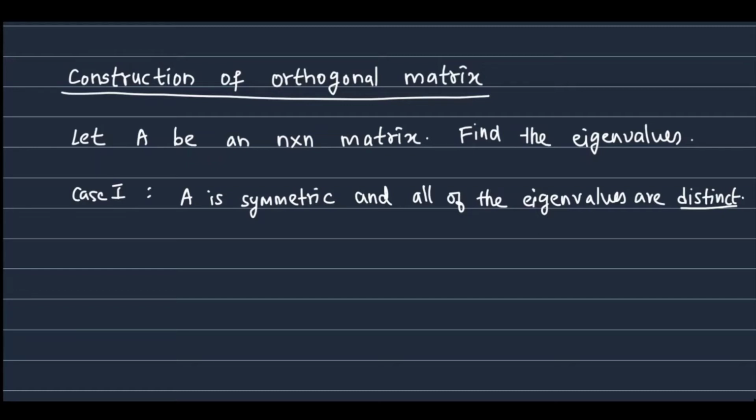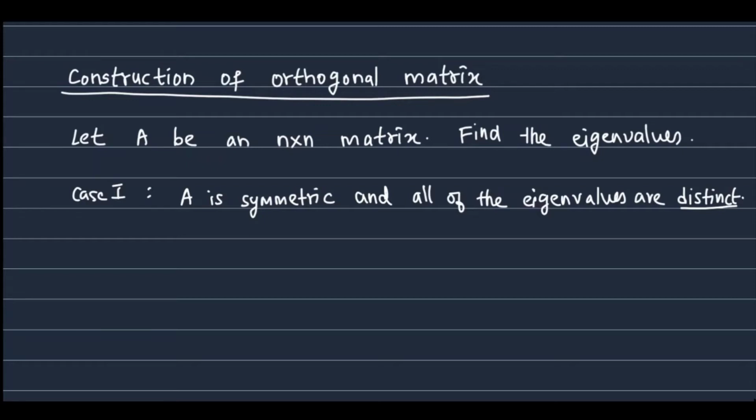So we will get an orthogonal set of vectors. Now, to get orthonormal vectors, what we will do is divide the vectors by their corresponding norm. So we will get a set of orthonormal vectors. And by writing these vectors as columns, we will get an orthogonal matrix.